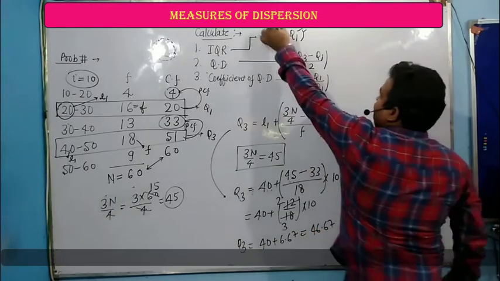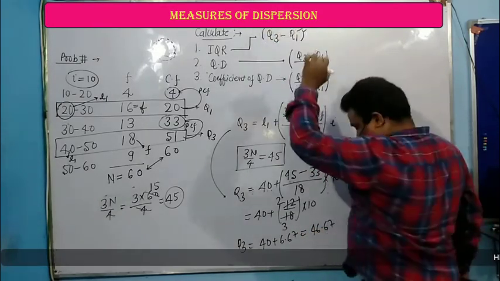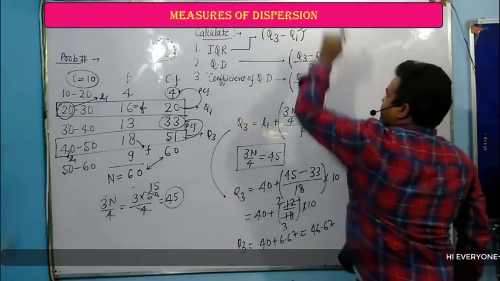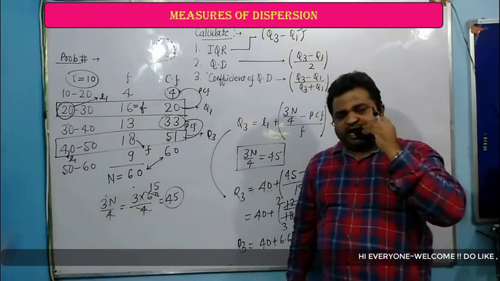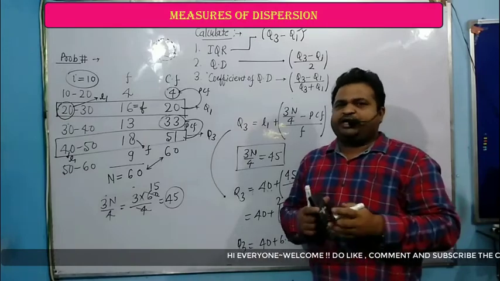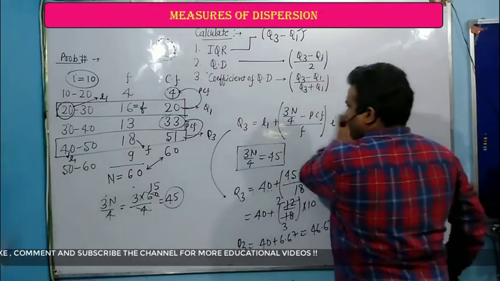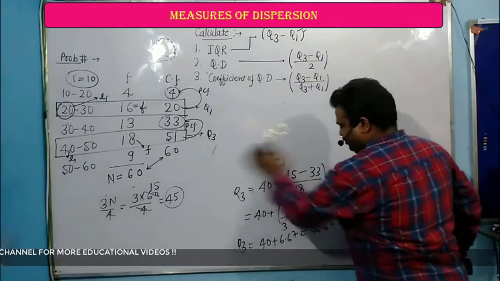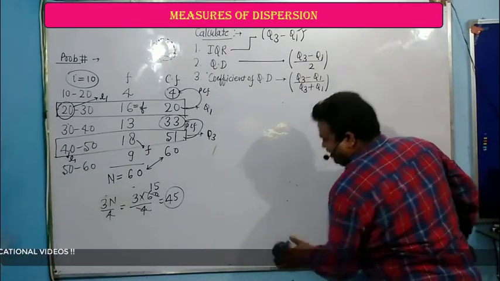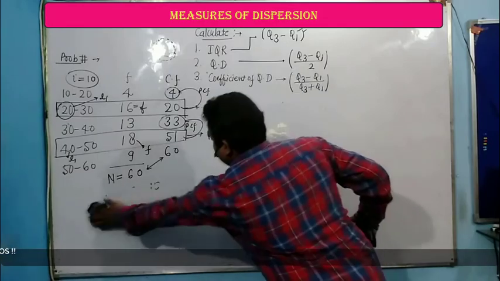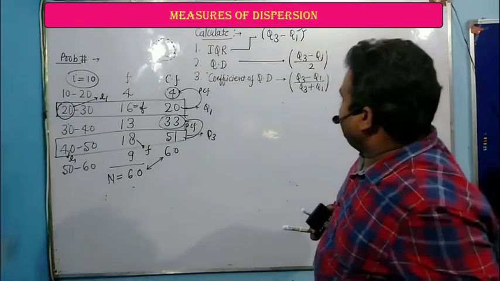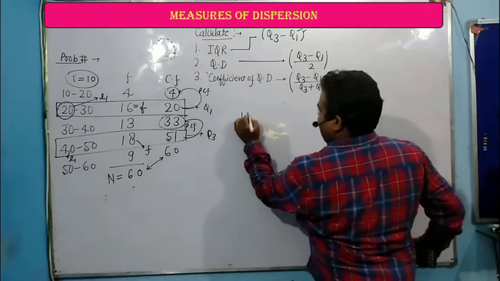So I am writing my Q3 value is 46.67. Now you know what is Q3 and what is Q1. Now you calculate each parameter by using the formula. Now I am just going to rub these values, all values, and calculate each parameter. So what is my IQR, interquartile range?